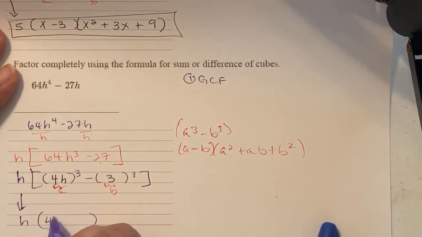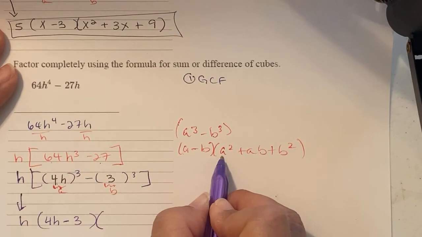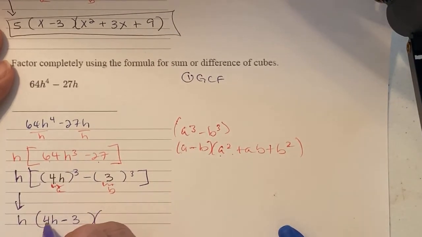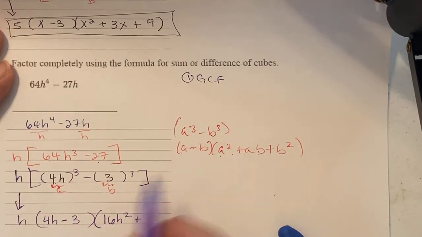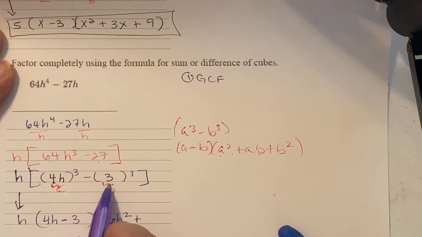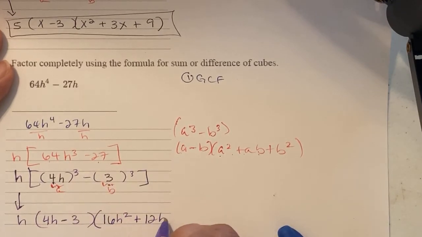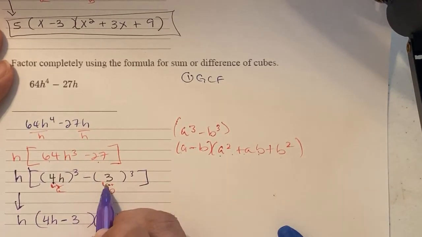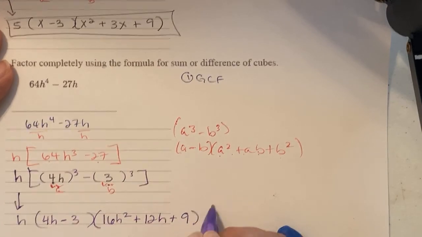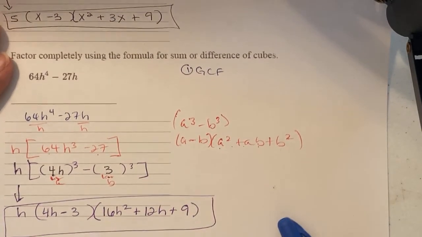Well, a is 4h minus the b value, which is a 3. Then it goes a squared. Well, 4 squared is 16 with an h, so 16h squared. Plus a times b. Well, 4 times 3 is 12 with an h. Plus b squared. Well, 3 squared makes it a 9. And we are factored out.